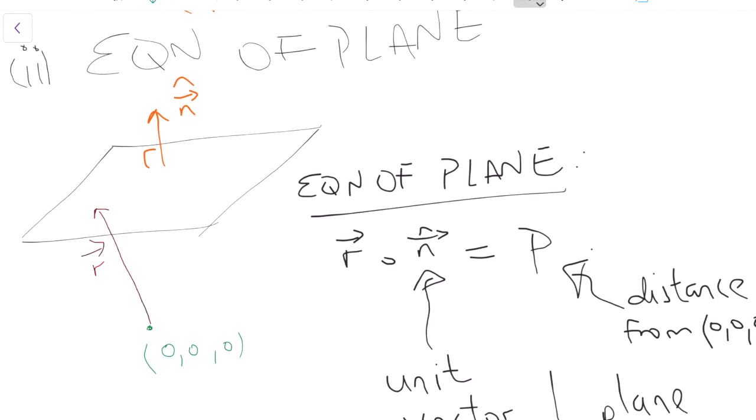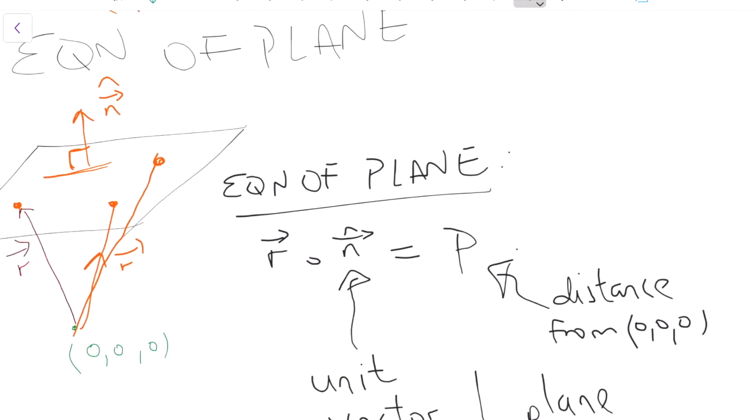Well, here I drew a schematic of a plane, and r is a general point on the plane. It can represent any point of the plane, so this could also be r, or this one could also be r. And n is a vector which is perpendicular to the plane.